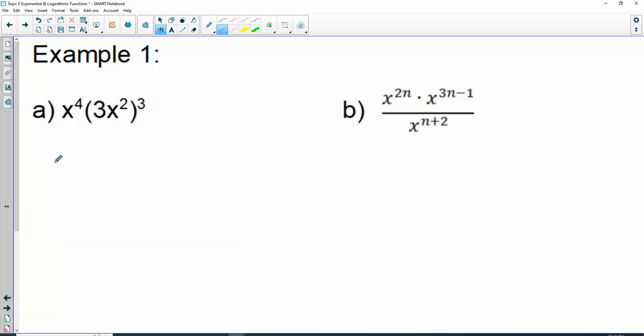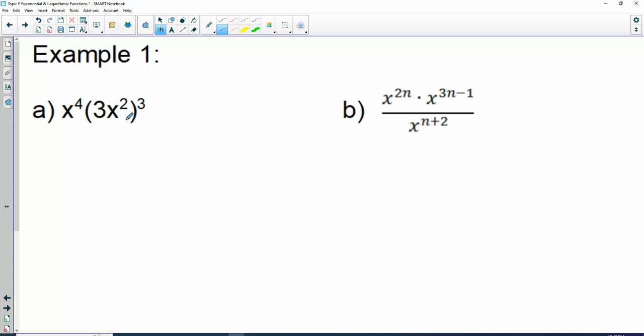Alright, so let's just practice using some properties of exponents here. So on the first one, x to the 4th times 3x squared to the 3rd. What would we have to do first?